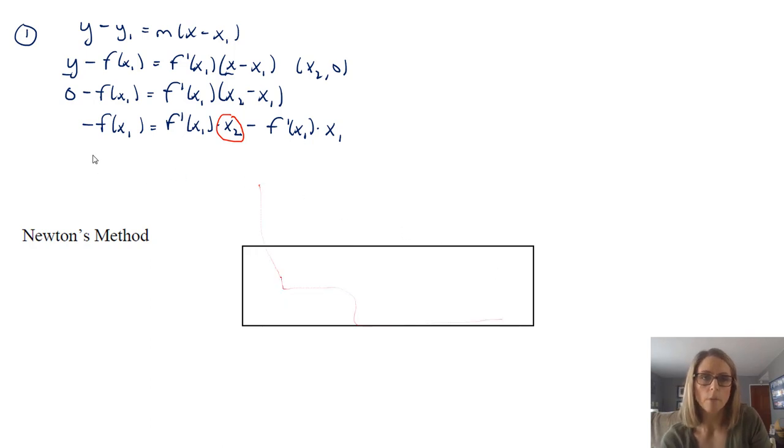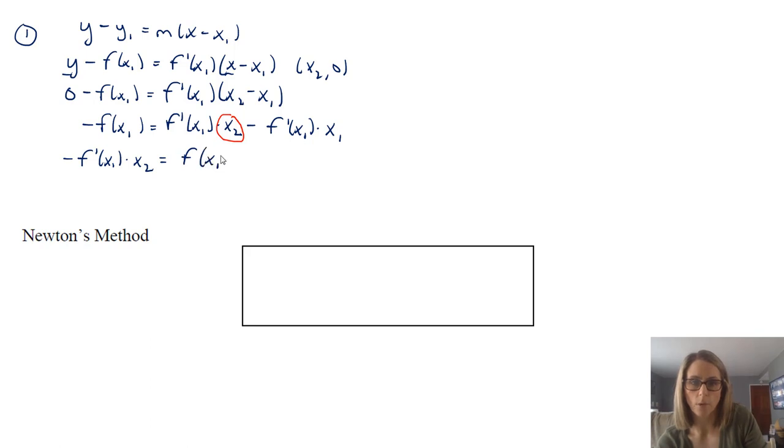I'll bring things to one side, bring things to another side until I have x sub 2 by itself on one side. So I'm going to bring this over, negative f prime of x sub 1 times x sub 2. I'll bring over the other piece, f of x sub 1, and then minus f prime of x sub 1 times x sub 1.